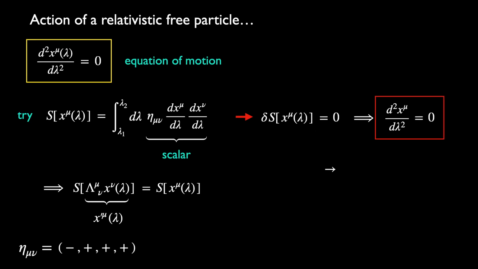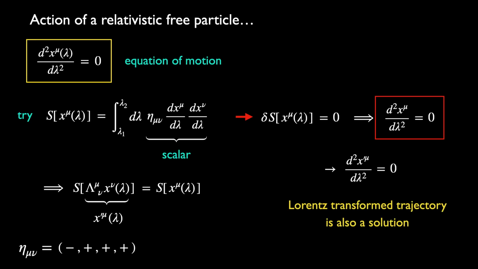Since this is a vector equation, the Lorentz transformation of the solution is also a solution. This is the direct consequence of the Lorentz invariance of the Lagrangian. In general, a Lorentz invariant Lagrangian will give a Lorentz covariant equation of motion.